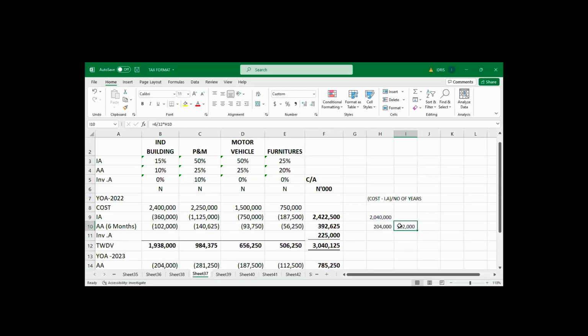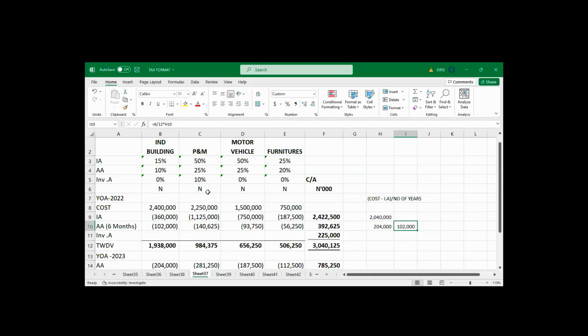That means your annual allowance for 2022 under building is going to be 102,000. It is a 6-month annual allowance. You cannot claim 1 year annual allowance in 2022 year of assessment, because your basis period is 6 months.